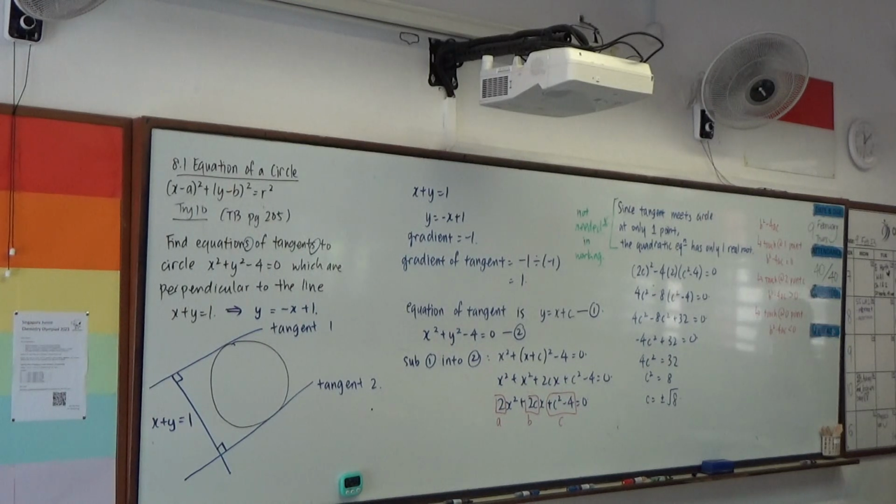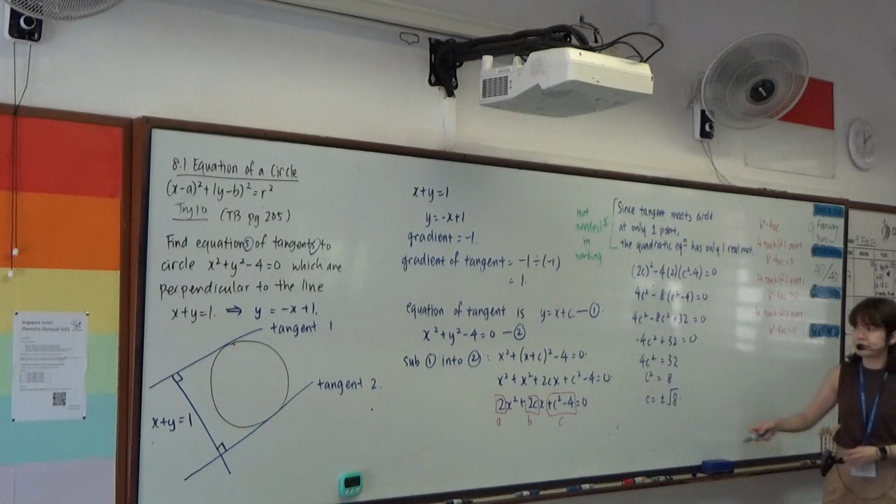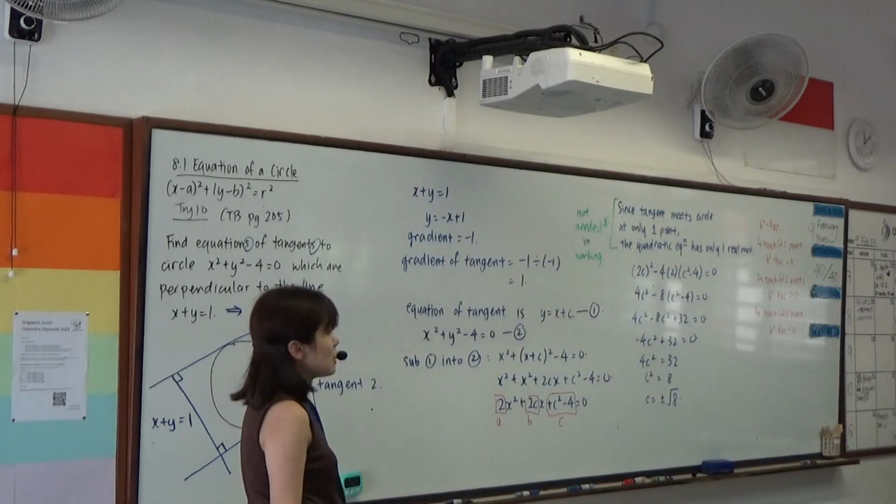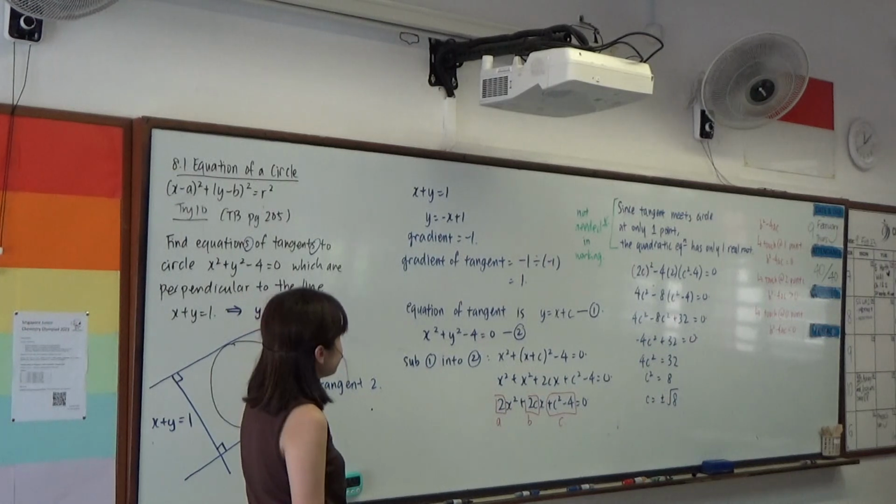So that's how we go about finding out the value of c, because that's what we need for the equation of a tangent.